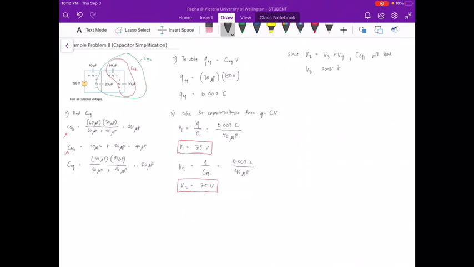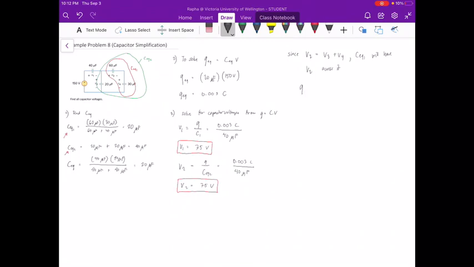So we will use V2 for CEQ1 in order to solve for the charge for CEQ1, the combined capacitance.